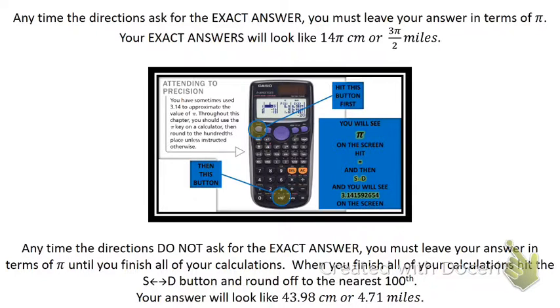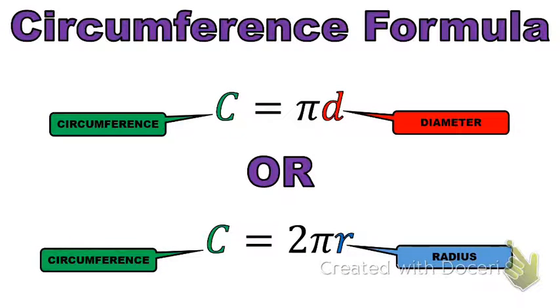Now to remind you of what the circumference formula is. There are 2 versions of the circumference formula. The first version is when you are given the diameter of the circle in the problem. The second version is usually used when you are given the radius of the circle in the problem.